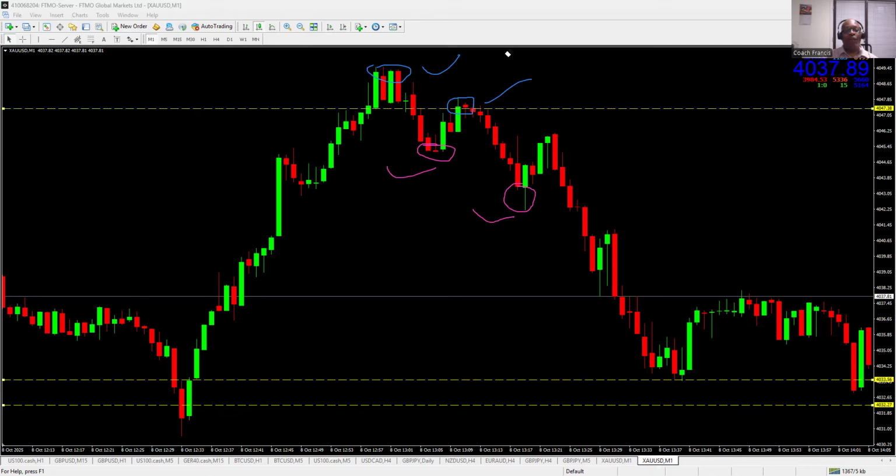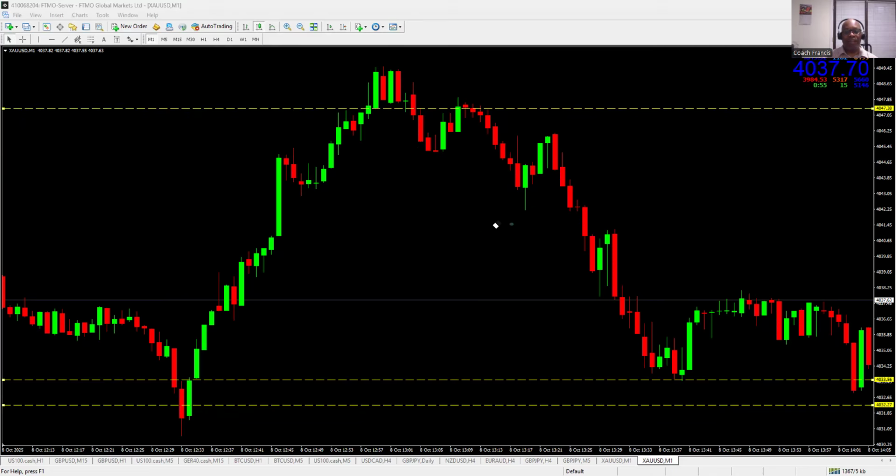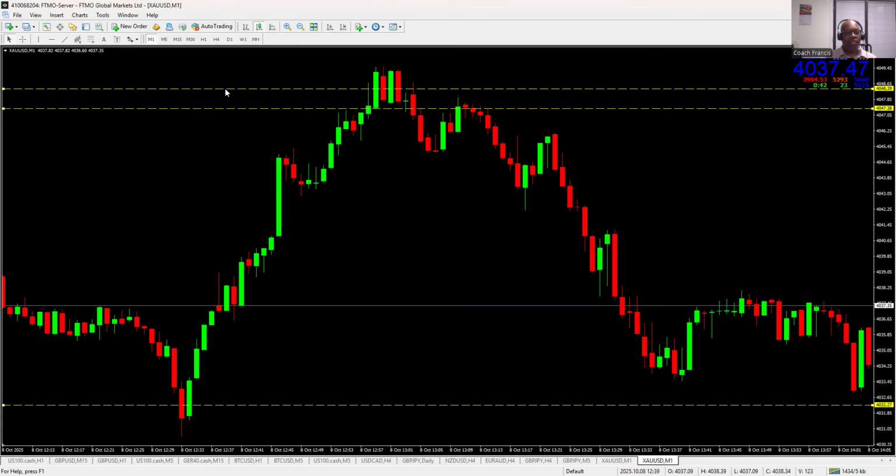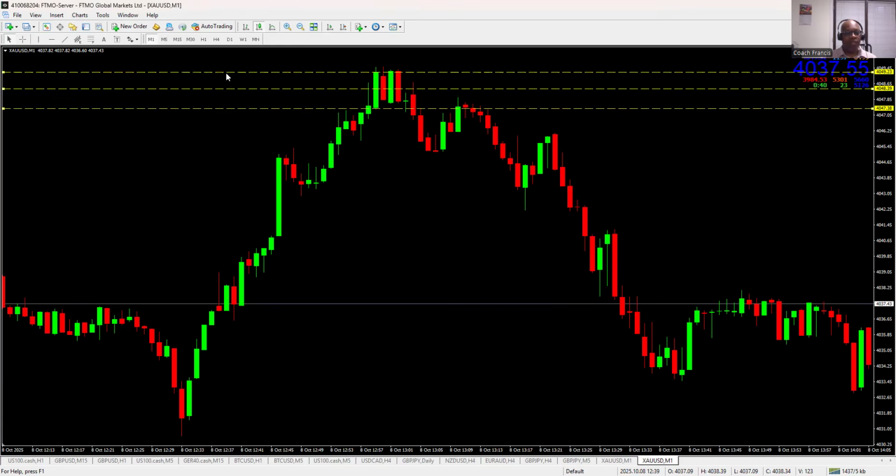Okay, so how about a pullback? We have now considered a swing low. How about a pullback? Watch this closely, guys. Let's move this away. The price is going up, going up.